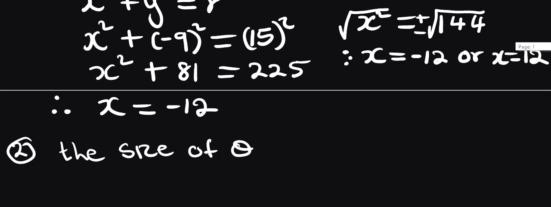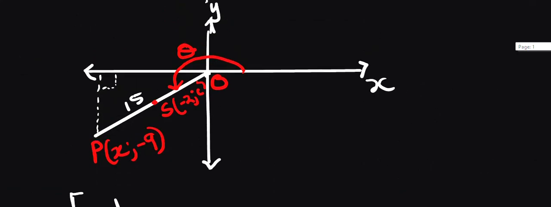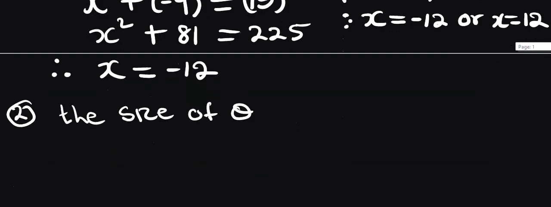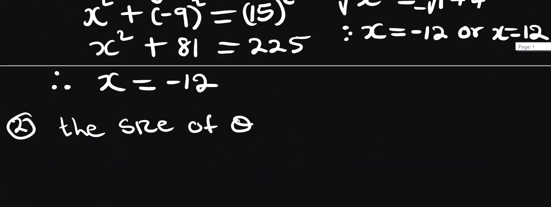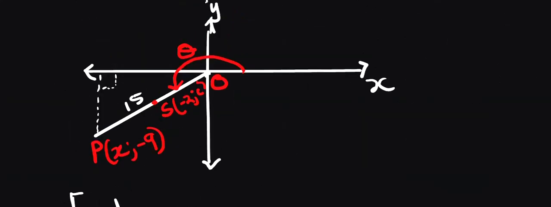Now the question says, find the size of theta. We can use tan in order to find theta. Tan theta is equal to, let's check in the diagram. Now we know that in this diagram here is negative 12.